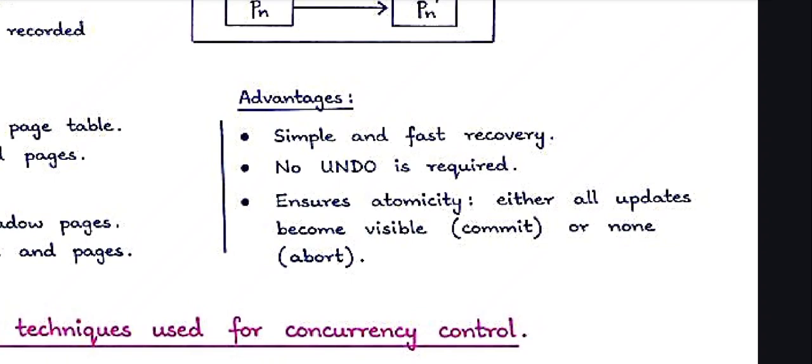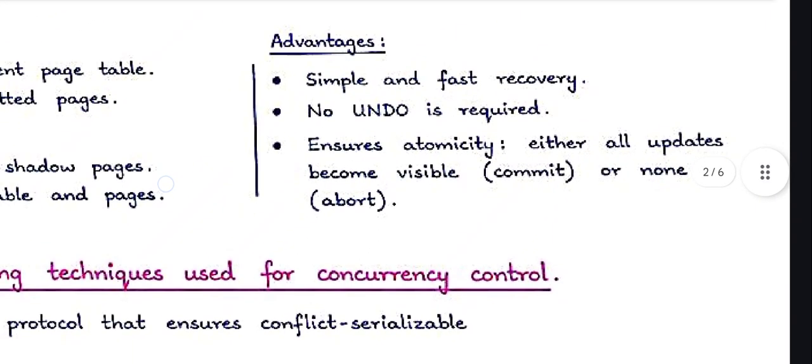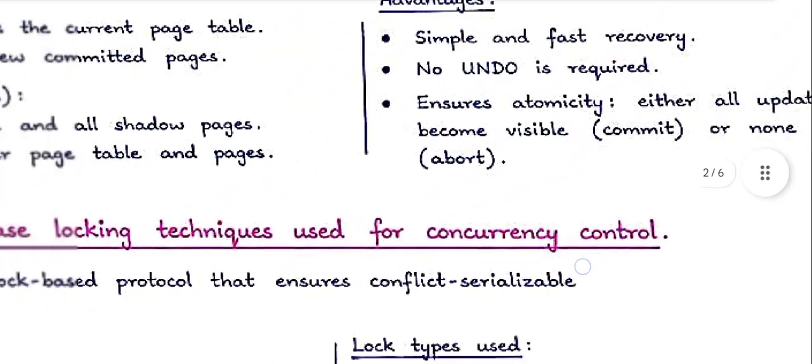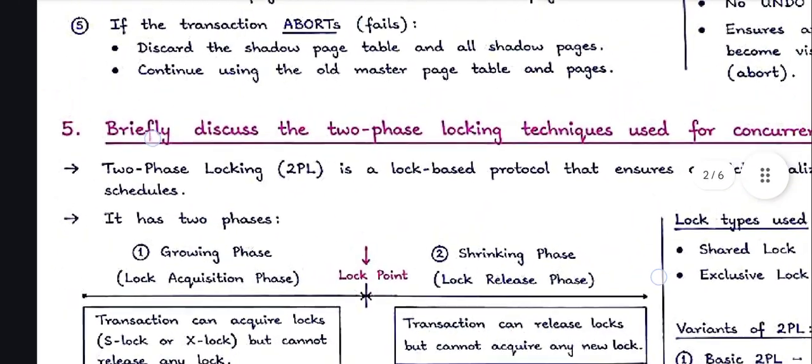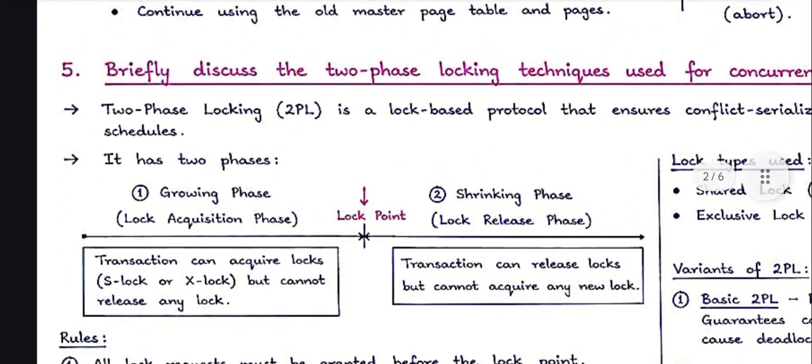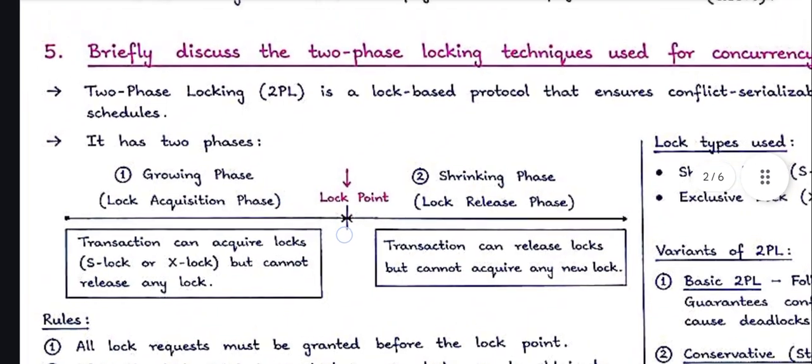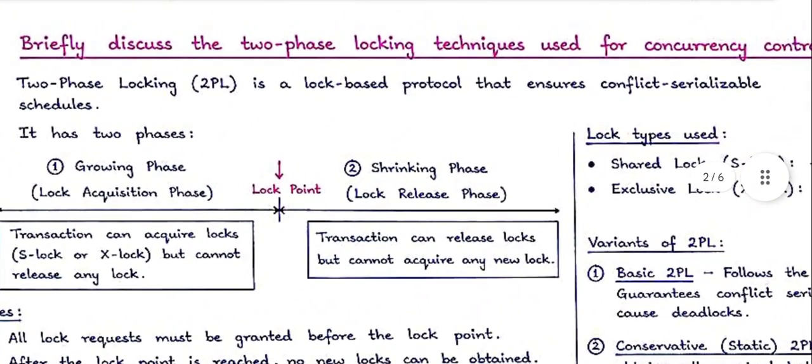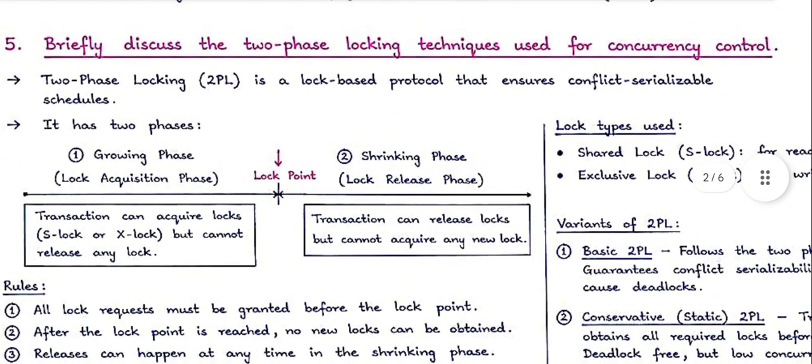Either all updates become visible by commit, or none, that is abort. Briefly discuss the two-phase locking techniques used for concurrency control. Two-phase locking is a lock-based protocol that ensures serializable schedules.